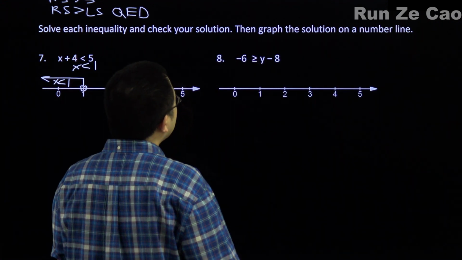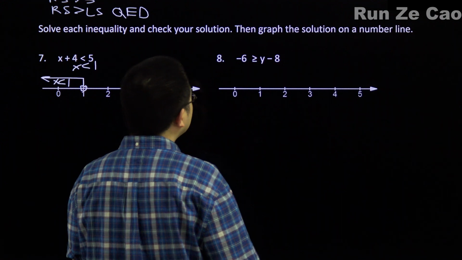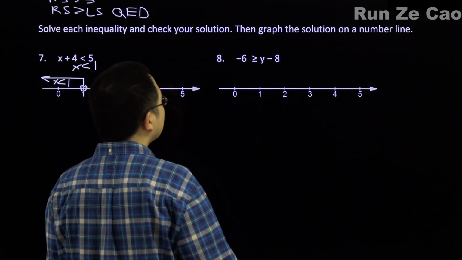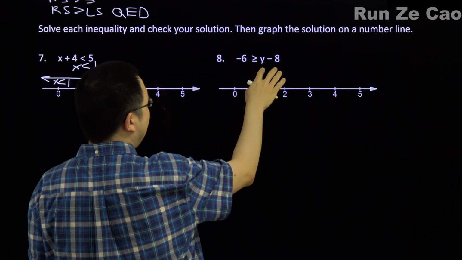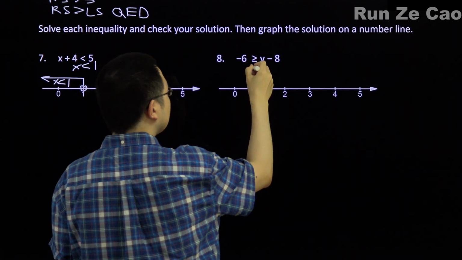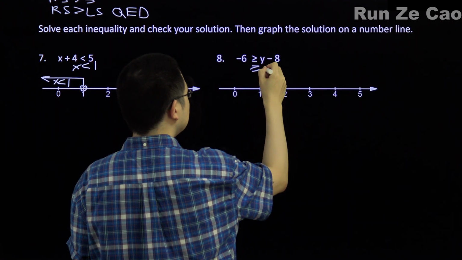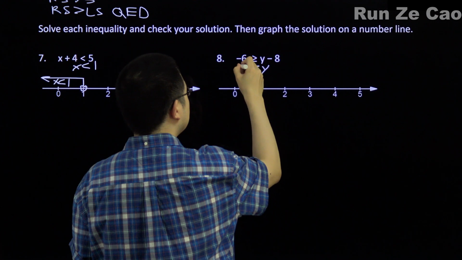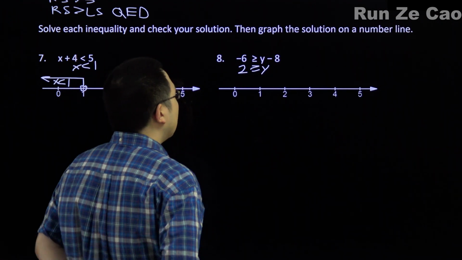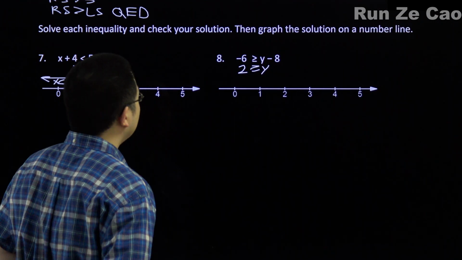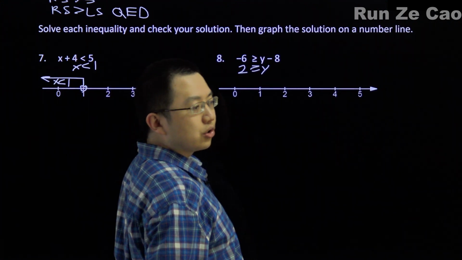So, negative 6 is greater than or equal to y minus 8. Well, if you add 8 to both sides, you get greater than or equal to y. On the other side, you get 2. So y is less than or equal to 2.